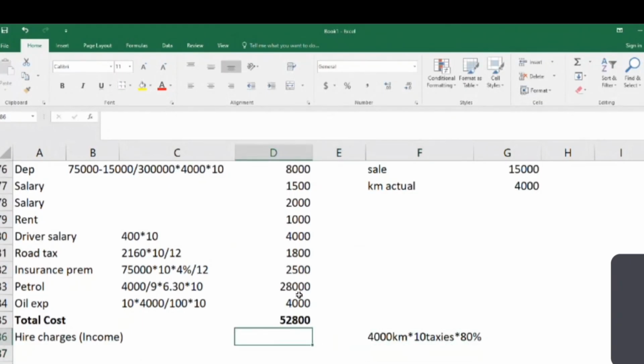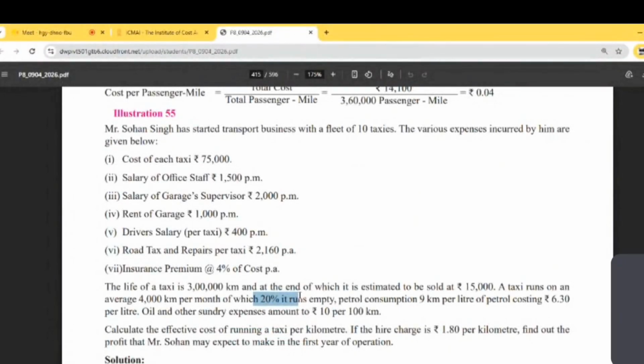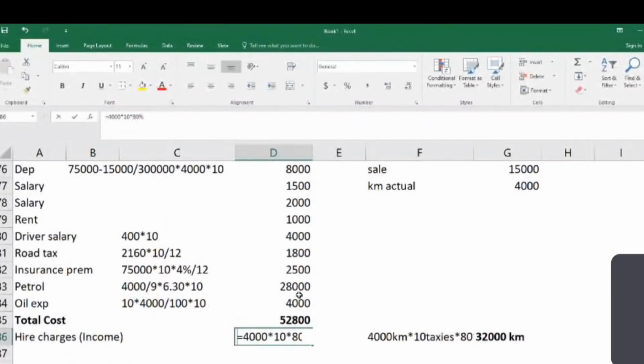So 4,000 kilometers into 10 taxis into 80% fully running is 32,000 kilometers. Into they are charging 1.80 per kilometer, so your sales is 57,600.